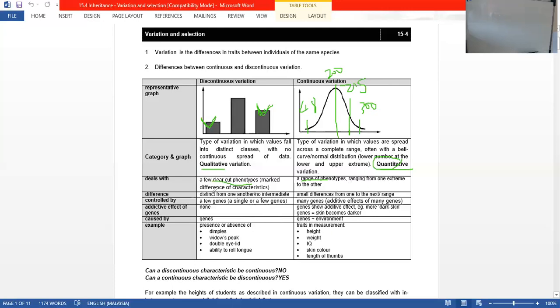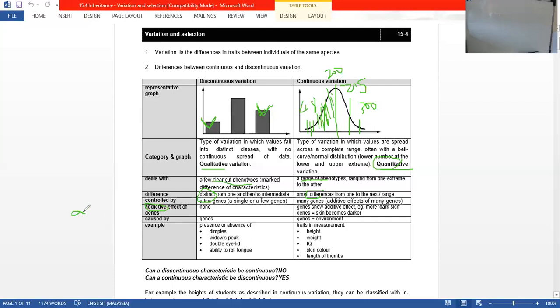The difference is very distinct from one another, while for this one, small differences: 48, 49, 50, 51, 52, 53, 54, 55, all the way until it's 200 over here. Additive effect, not addictive. Addictive means you are addicted.